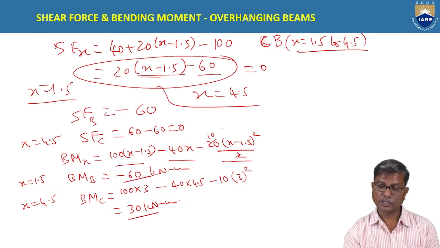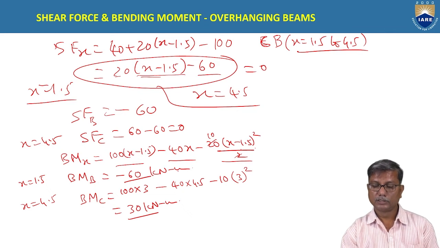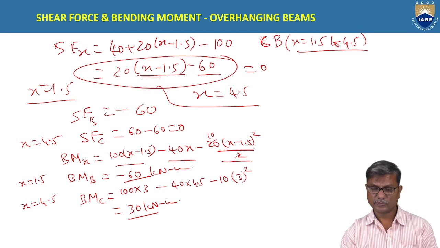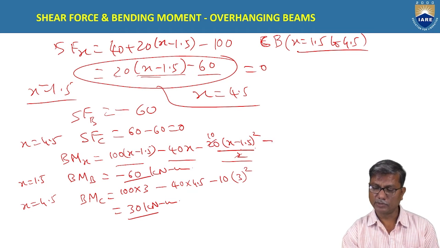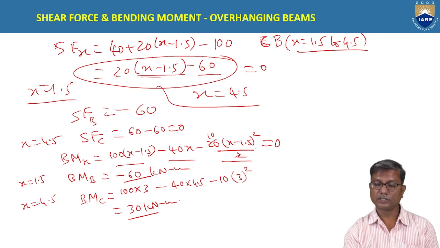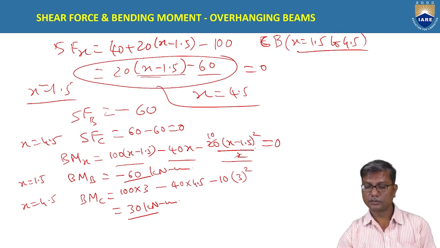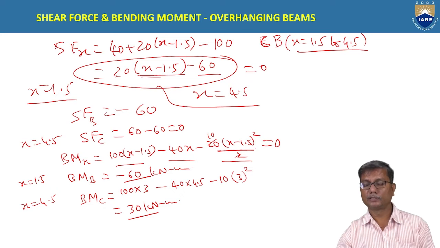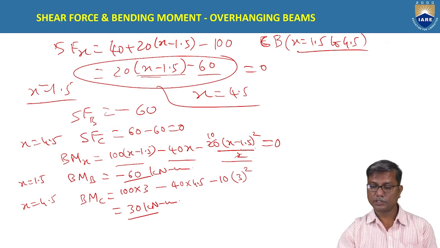For that you need to solve the quadratic equation by equating this to 0. By equating this to 0 you will get the location of the point where the bending moment changes sign, positive to negative, which is also called the point of contraflexion.